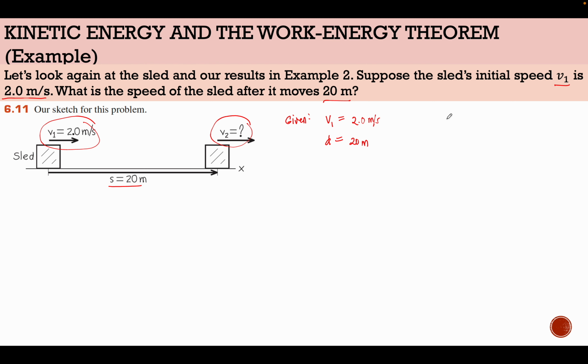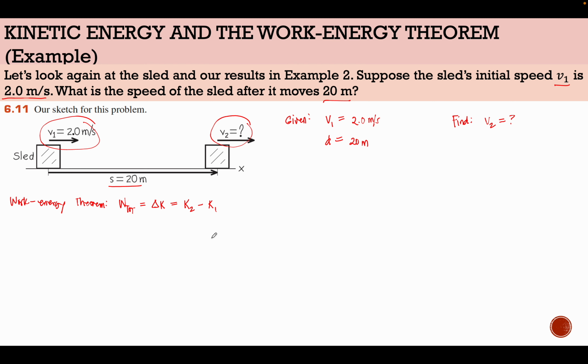We are asked to find the final speed v sub 2. So again, recap: the work energy theorem states that the total work done is equal to the change in kinetic energy, which is equal to the final kinetic energy K sub 2 minus the initial kinetic energy K sub 1.